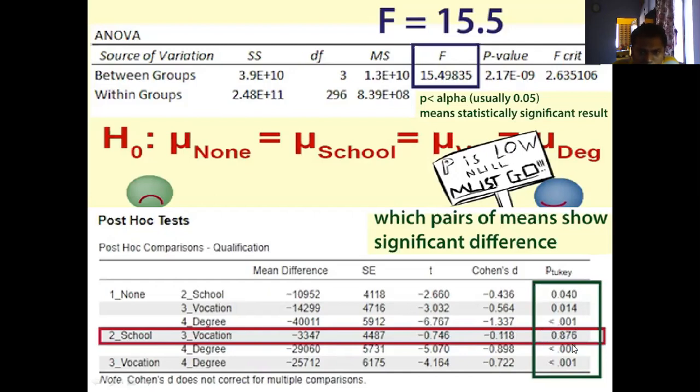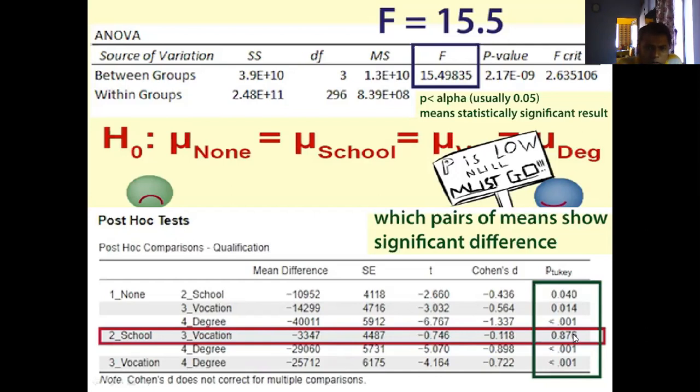So you can conclude that the school level degree holders and vocational degree holders are not very different in terms of their income level. That conclusion you can draw.